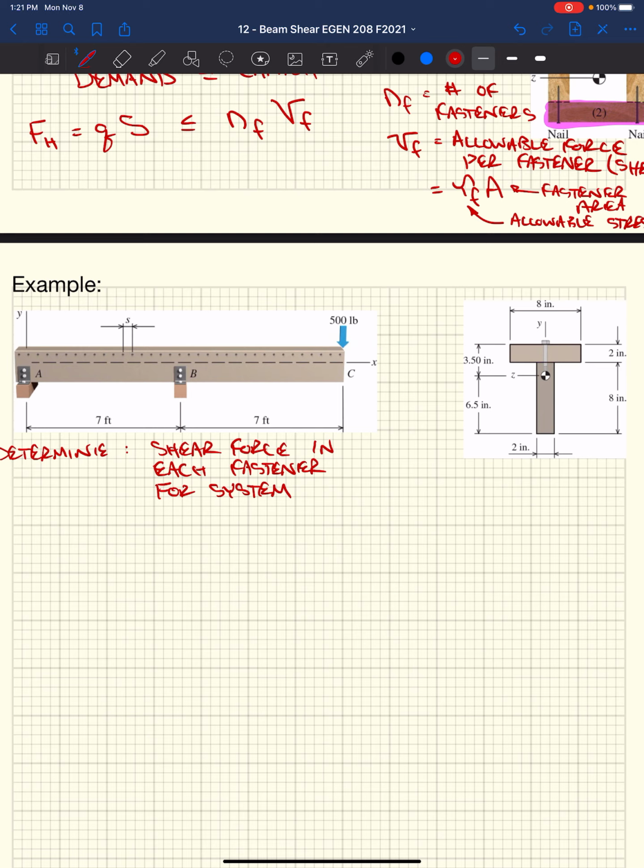Imagine we have a T-style cross-section. It's made up of two pieces of the same material.